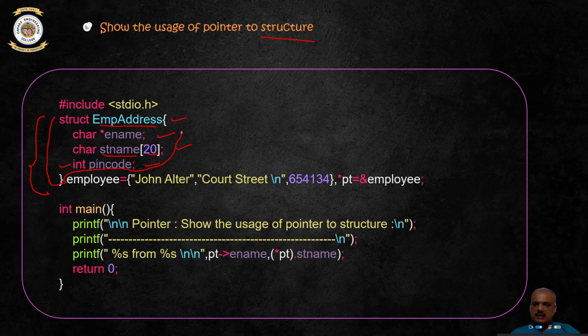Having defined the structure, I instantiate it, or create an instance of this structure, and the name of the structure variable which is created is employee. This is the instance of that particular structure. Normally the variables created from user defined data types are termed objects. So this is an object created out of this structure.